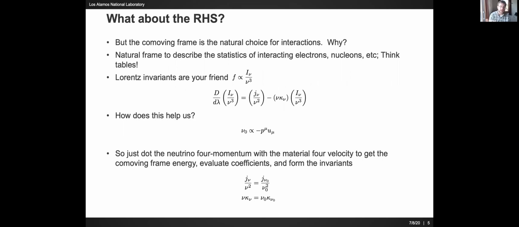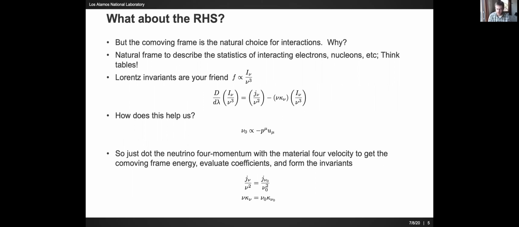The right-hand side is the interactions between the radiation field and the fluid. And that's the frame in which you would most naturally consider things like equilibrium, for example. So there are good reasons to work in the co-moving frame, but it also gives rise to a fair amount of complexity in the transport sector, right? So neither of these choices is clearly the right one.